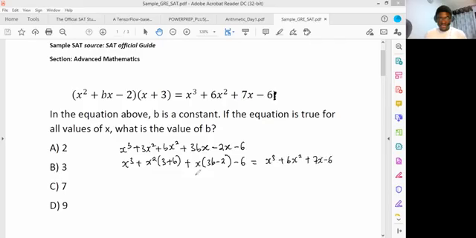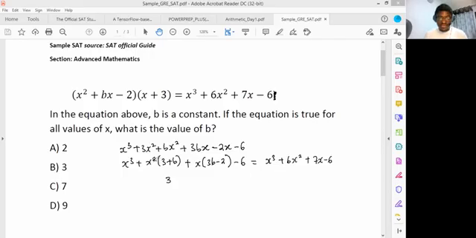If you compare these two expressions, then we can say that 3 plus b is equal to 6, because the second term here has the second degree of x, right?